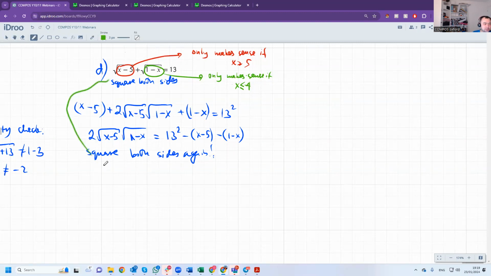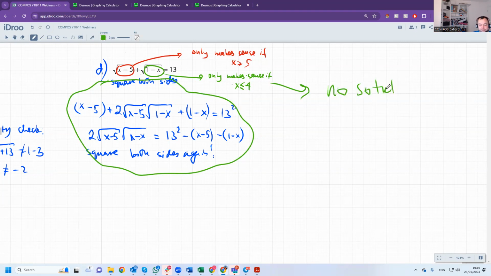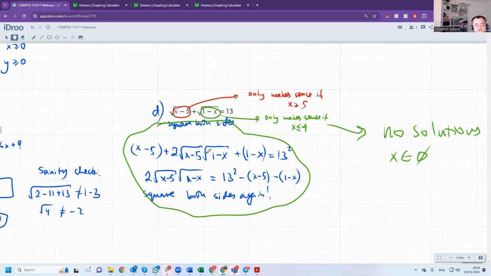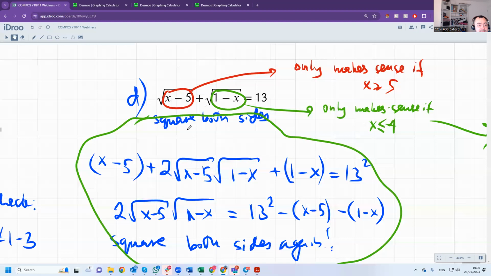So this is the straightforward method, but here, actually, there are no solutions. In other words, x belongs to an empty set, because there's no possible value of x that could fit.